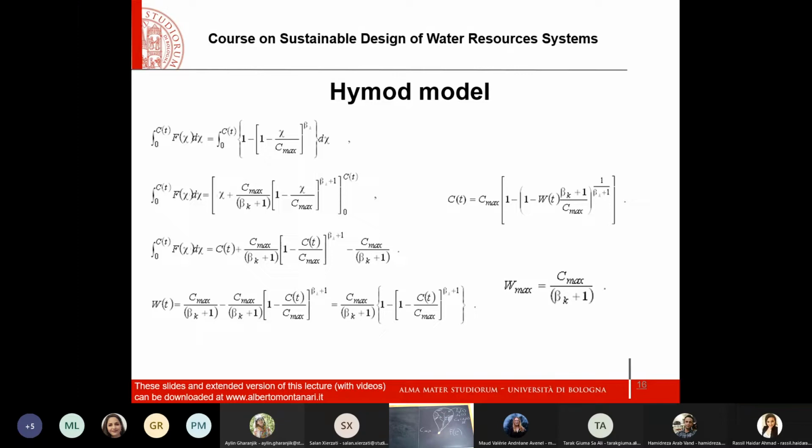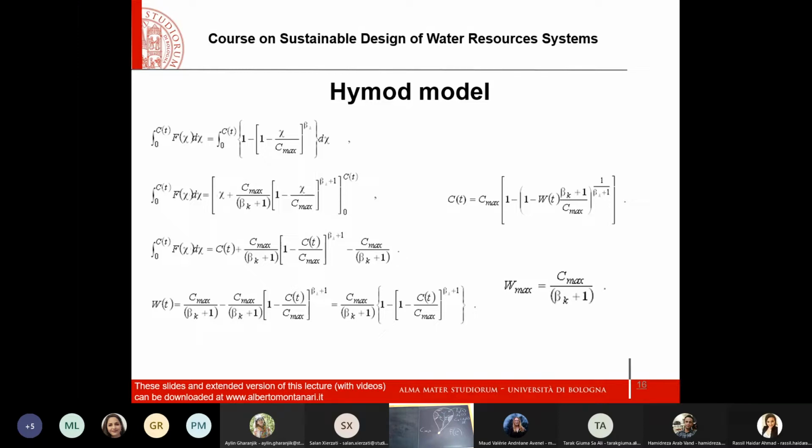It's sufficient that you substitute Ct in this relationship, the last line on the left of the screen, the relationship that gives you WT depending on Ct. Let's give Ct the value Cmax. Very simple. You plug in Cmax here, and then you look at the square parenthesis. 1 minus 1 is 0.